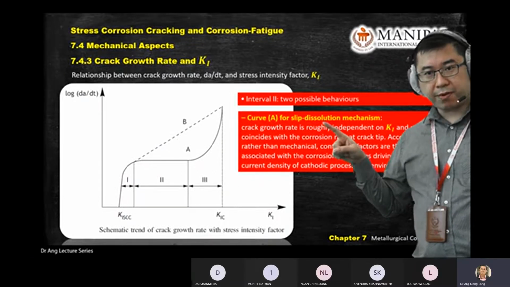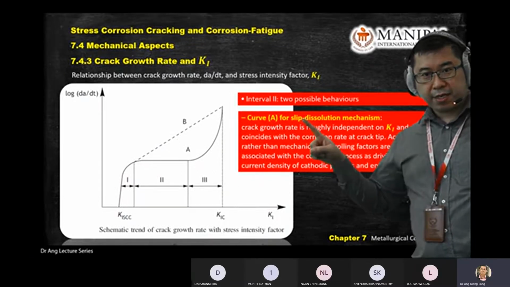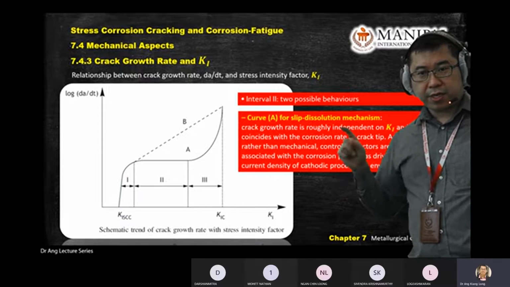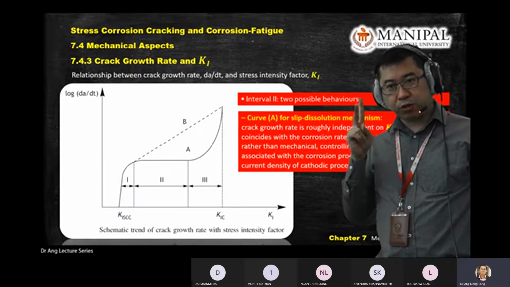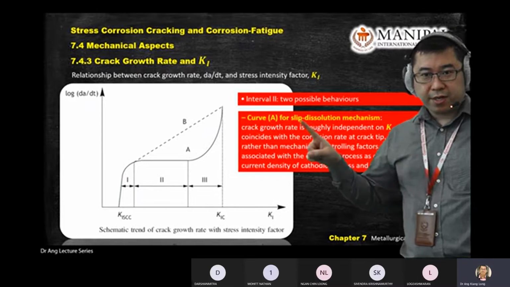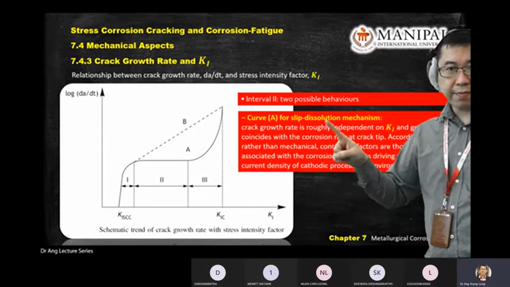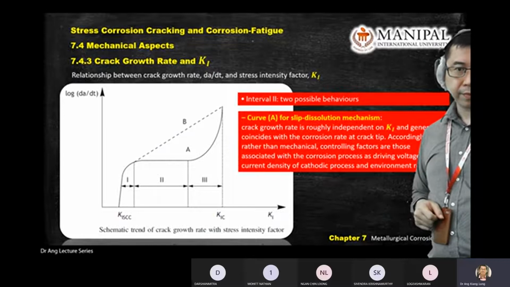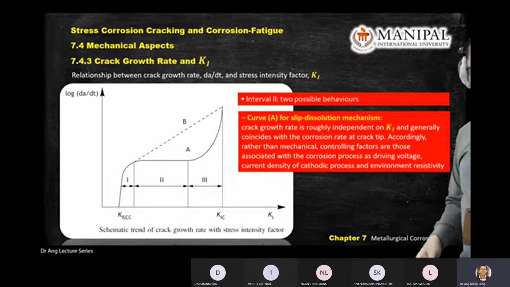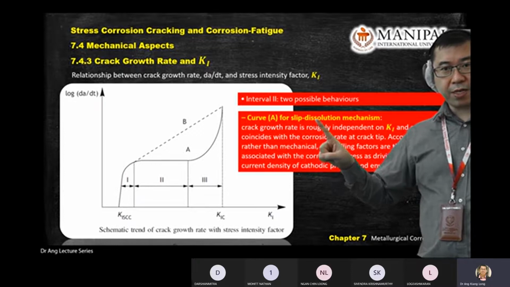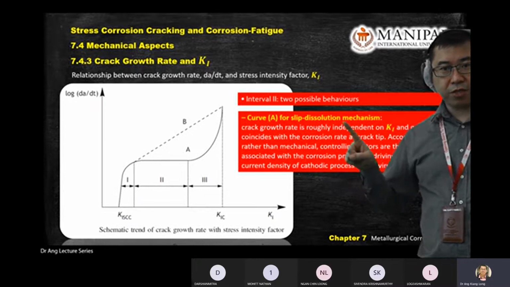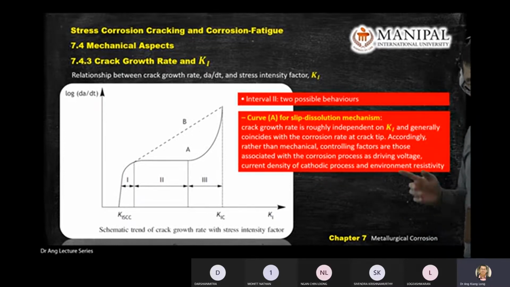Just now we talked about two mechanisms, right? Slip dissolution and rupture, right? There are two mechanisms that we discussed just now. So curve A is due to the slip dissolution. The rest you can read. A is because of the slip dissolution mechanism. Okay, the rest you can read.